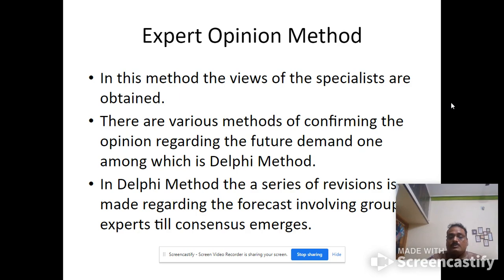So, in the expert opinion method, what basically we do is that we go and ask the people who do have expertise in a particular market or about a particular product, or they do have expertise over certain statistical techniques. A typical kind of expert opinion method is called Delphi method, in which we generally consult a group of people. They make a panel, and we take their opinions, and we also circulate and share their opinions.